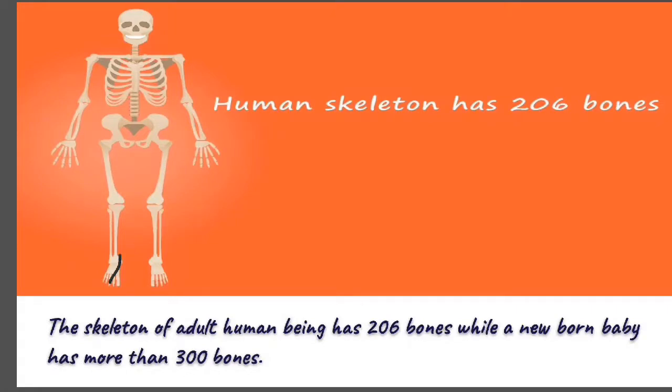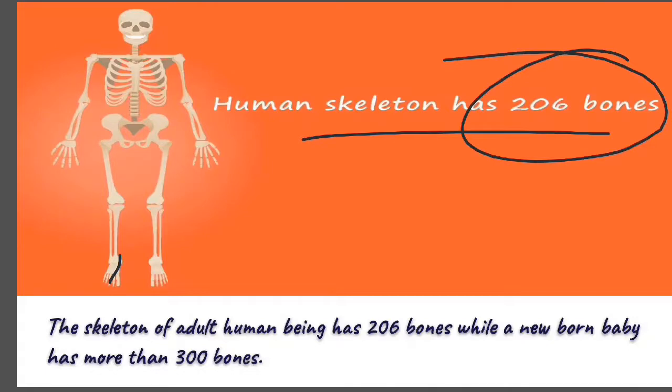An adult human skeleton has 206 bones, remember it. Why am I saying adult person again and again? There is a reason, because only an adult person has 206 bones in the body.